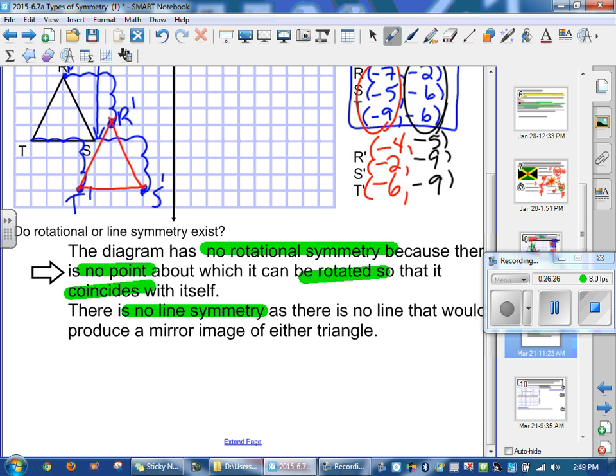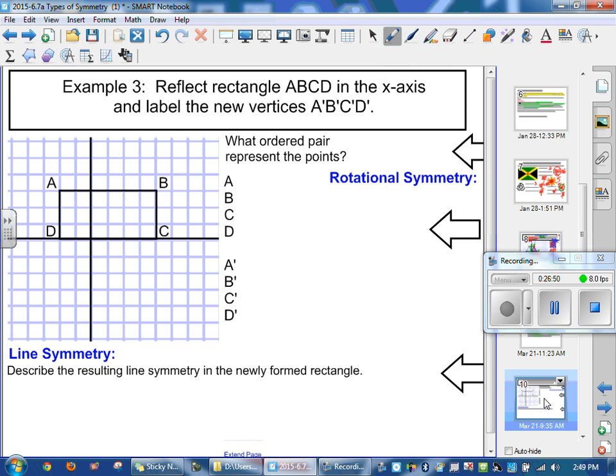If you try any point, it won't work on these ones. And on this one, there's no line where you can chop it in half to produce a mirror image. That's the reason why. You can't make a mirror image, and you can't turn it from somewhere to make it copy itself and sit on top of itself. It won't do it. Let's take the next one.